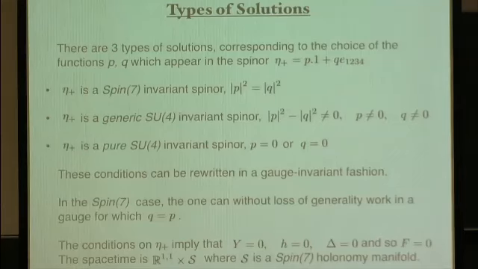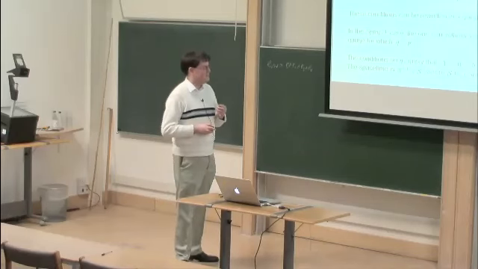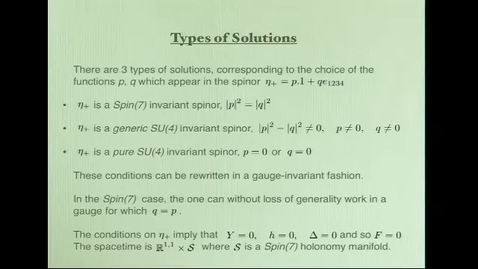So now I am coming towards describing the classification of these solutions. And they're classified according to the type of spinor eta plus. So recall that eta plus is p times 1 plus q times e1234, where p and q are some functions. And depending on special restrictions on these functions, eta plus is invariant under different types of subgroup of the spin group.